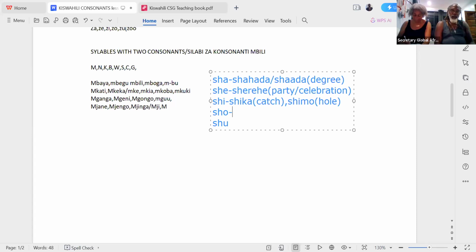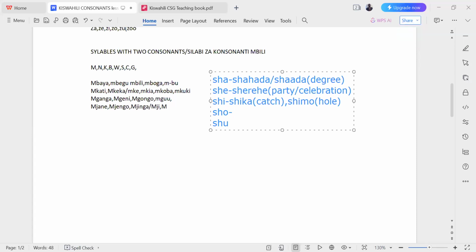Then sho will come in the last word, which is kesho. Especially with the SH, they are mostly used as the last vowel. So we have kesho, where sho is being used, meaning tomorrow. Then you have shuka. Kenyans are saying that Zakayo, who is our president, should shuka, which means come down. He should come down from the tree, after taking much of the tax he has collected.